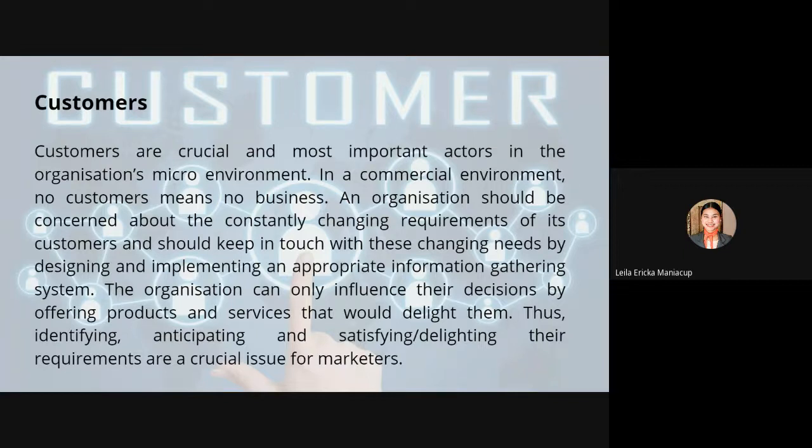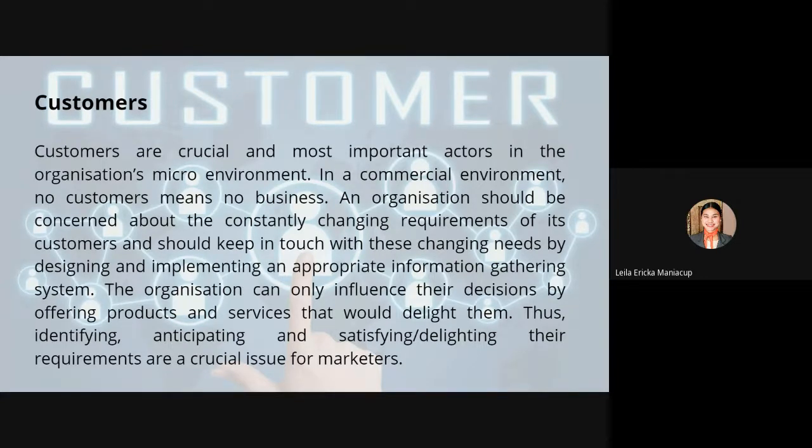The organization can only influence their decisions by offering products and services that would delight them, thus identifying, anticipating, and satisfying or delighting the requirements are a crucial issue for marketers.